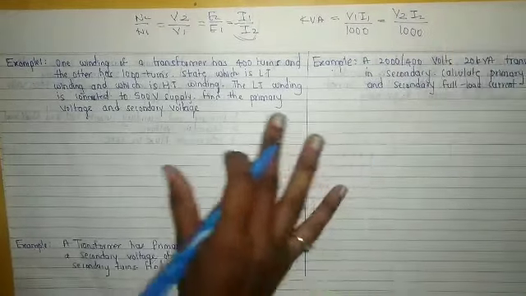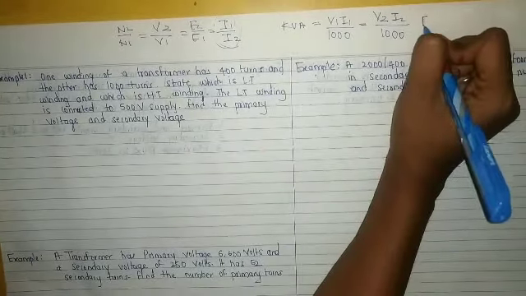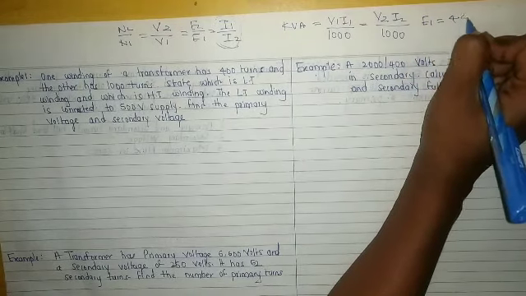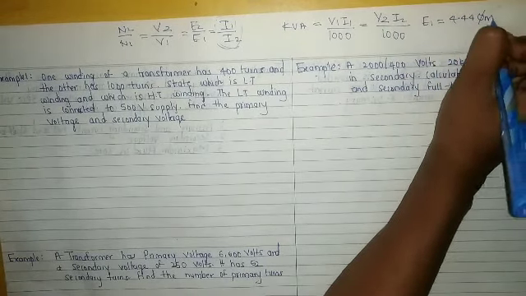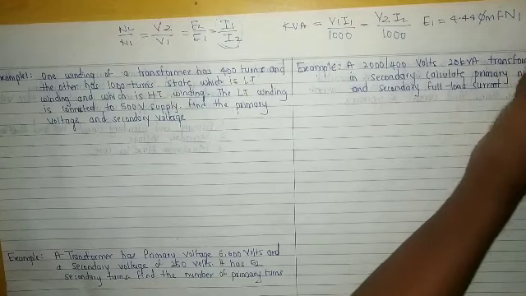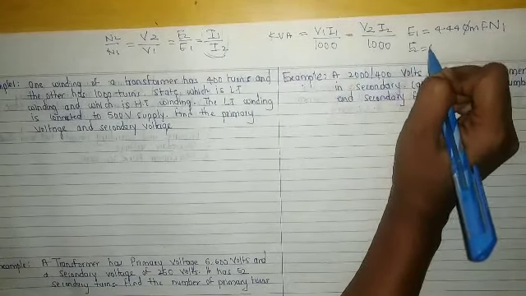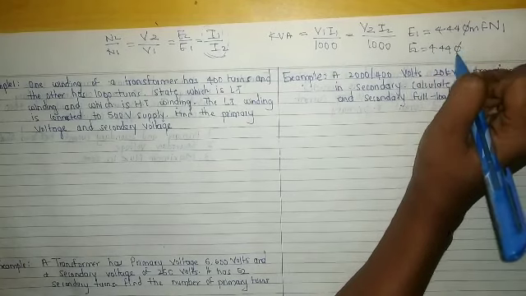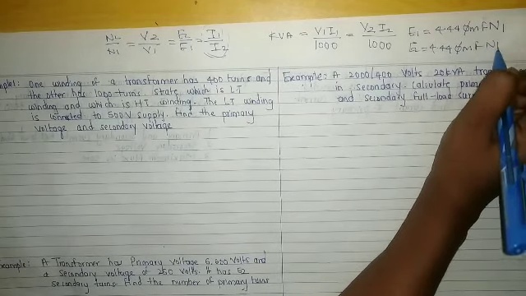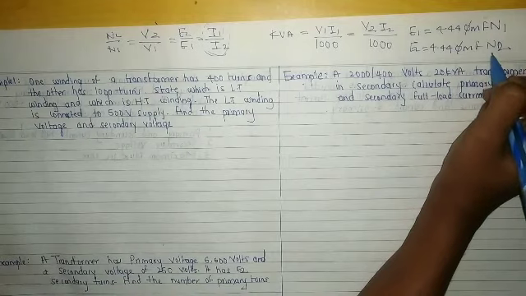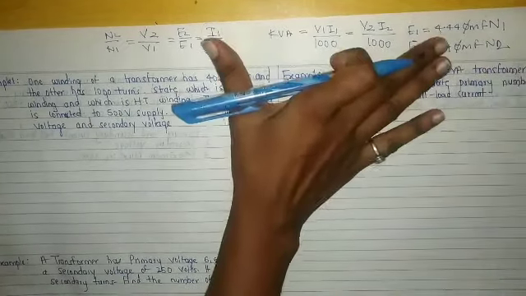And the EMF equations, that is E1 is equal to 4.44 phi m F into N1. So this is about the primary side. E2 is equal to 4.44 phi m F into N2, that is of the secondary side. So these are the formulas required to solve these examples.